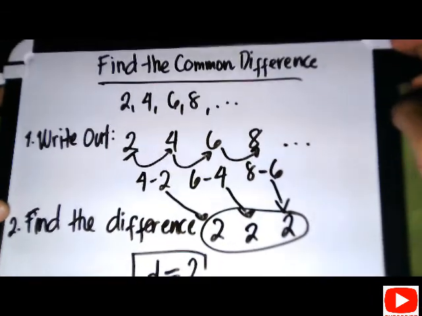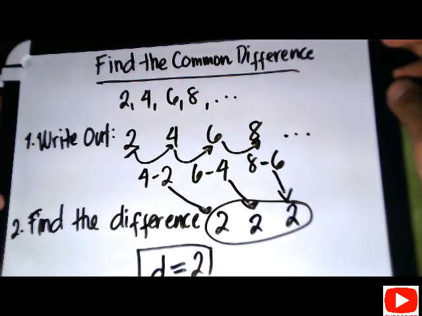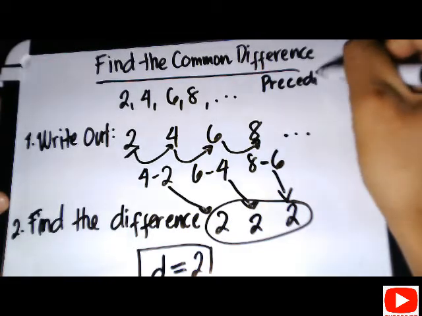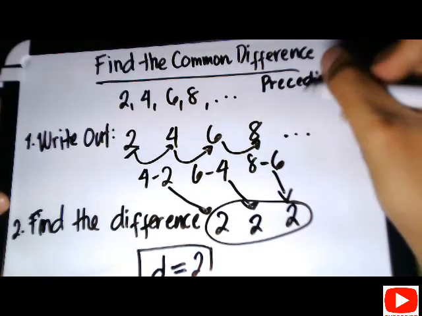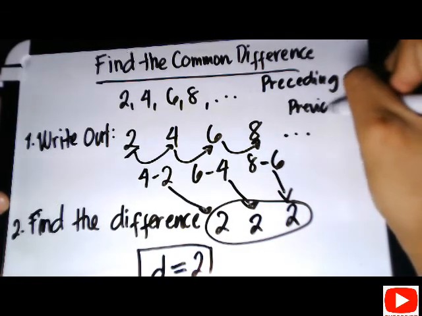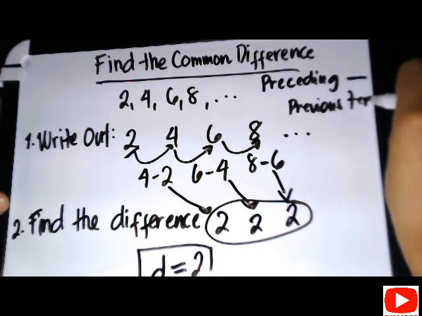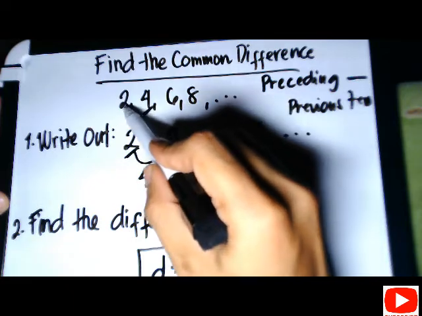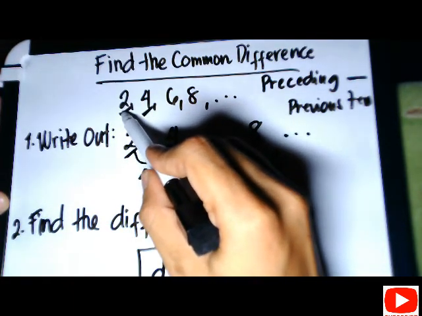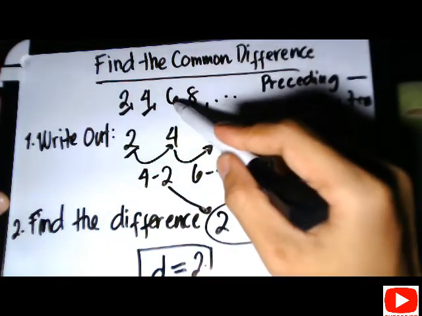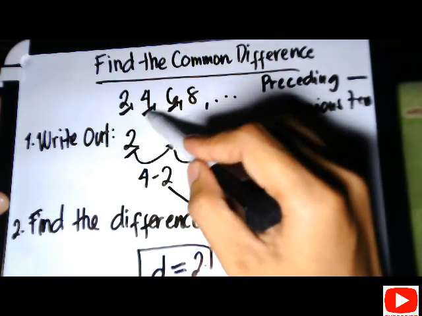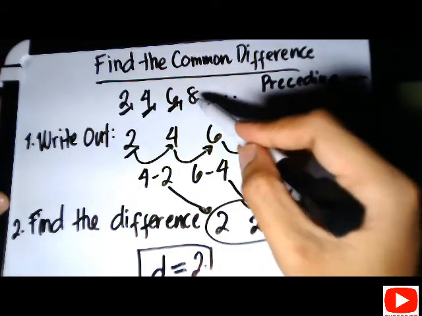So in getting the common difference, the formula is the preceding term minus the previous term. Preceding term 4 minus the previous term 2, that's 2. Preceding term 6 minus previous term 4, that is 2.